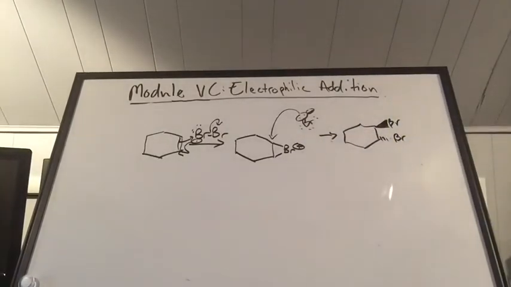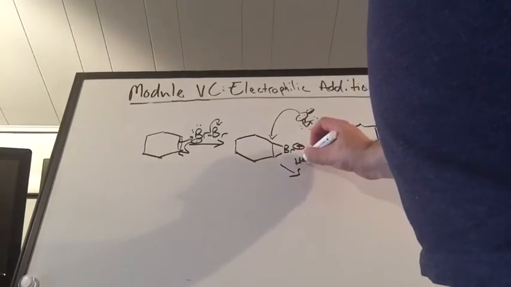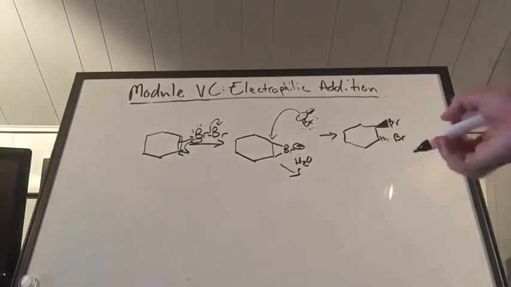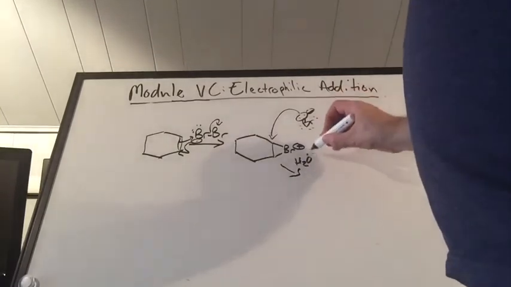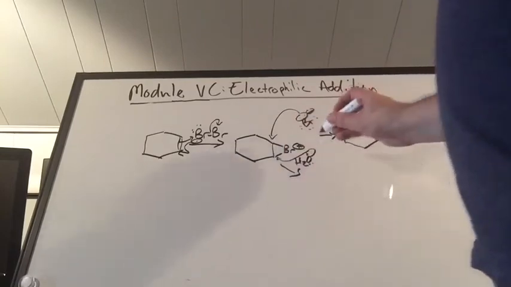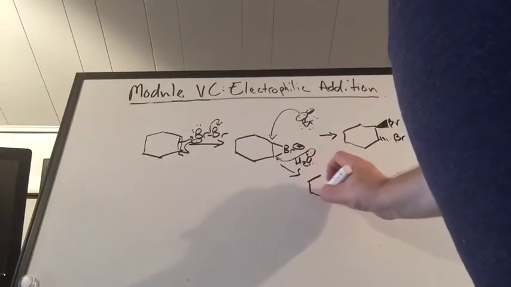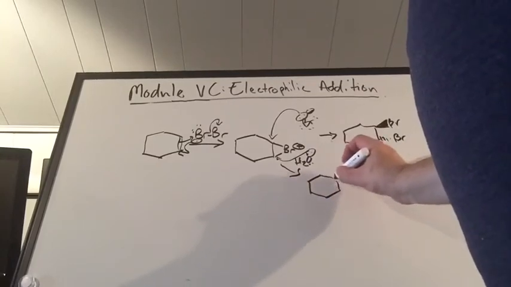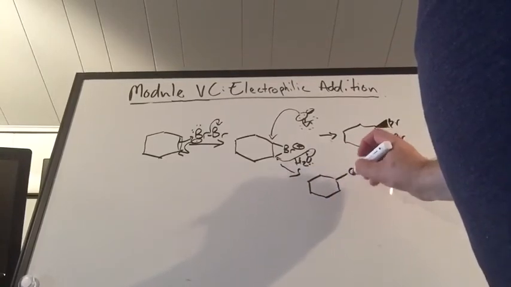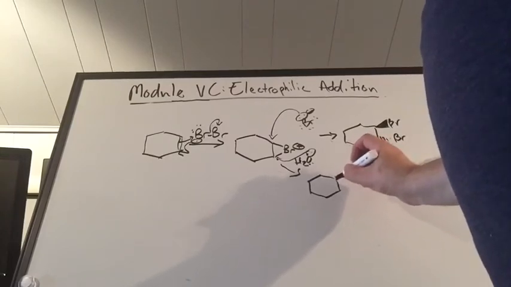Okay. Now, if you were to treat this with water, you're going to form a halohydrin. So this is going to pop over in the ring. Again, not the world's best nucleophile. So this sticks out of the plane of the board, page, whatever.